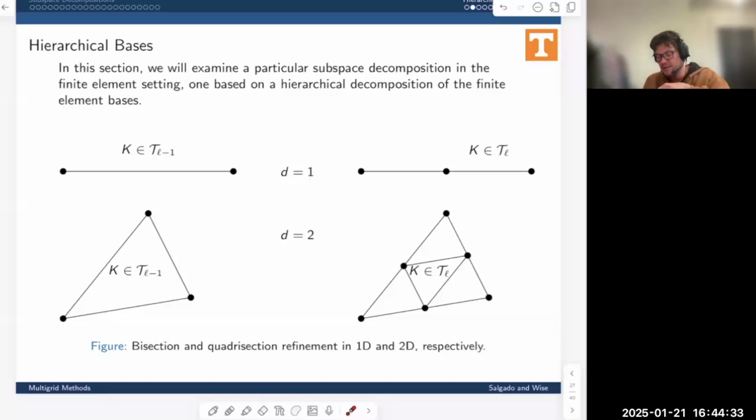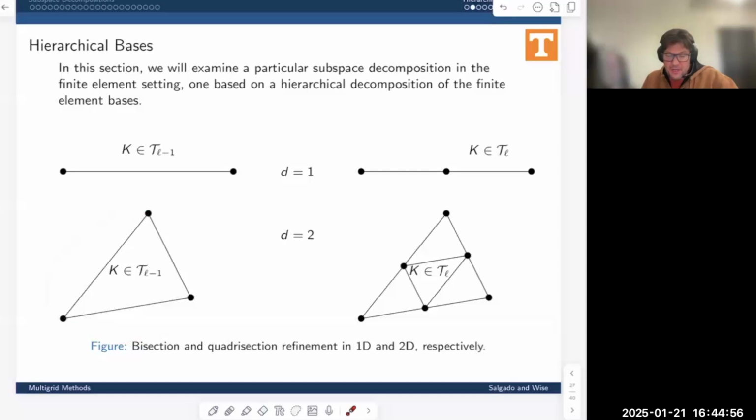I haven't really made the distinction between the two, because we're using exclusively the geometric multigrid flavor. That is, whenever we encounter a mesh which looks something like this, we're always going to assume that the way we get a refinement is through quadrisection. That tells us everything about the mesh once we know the coarsest level mesh.